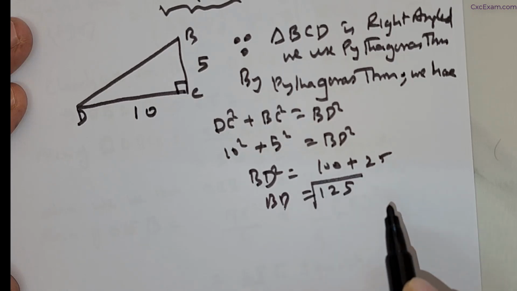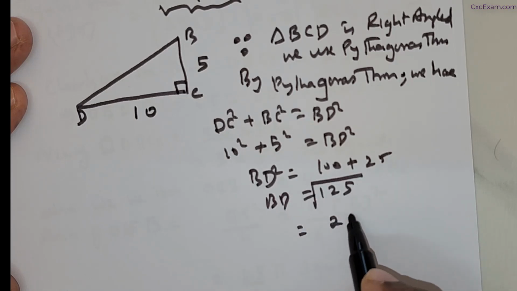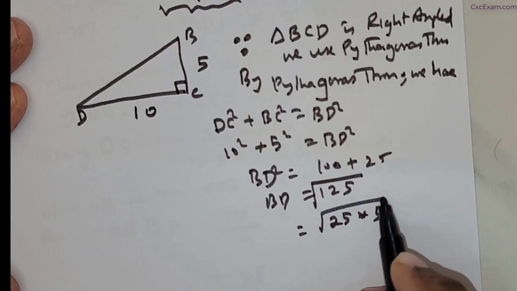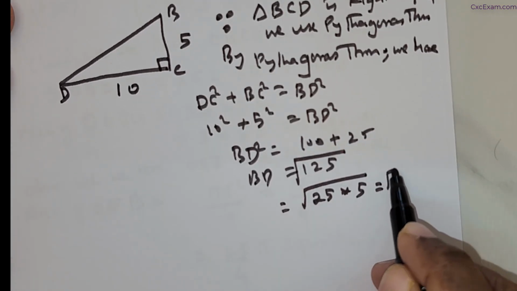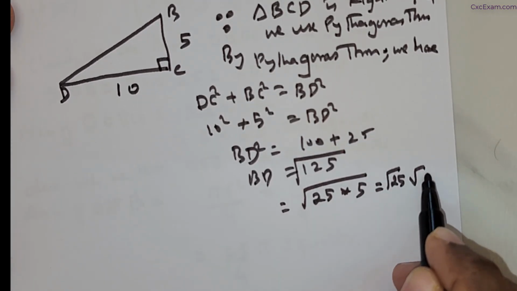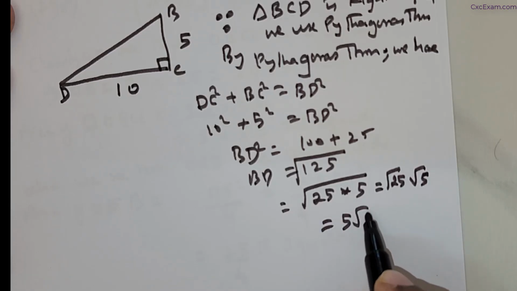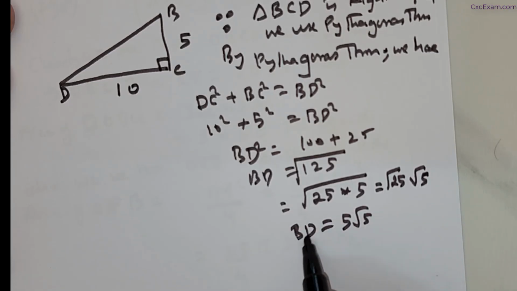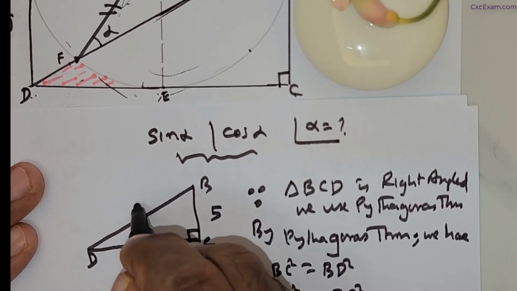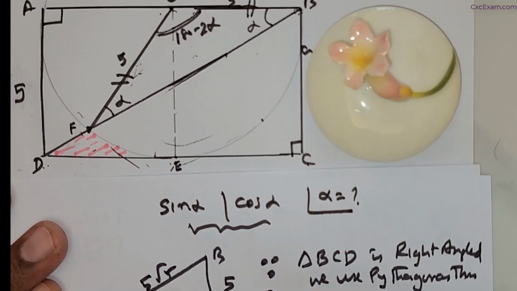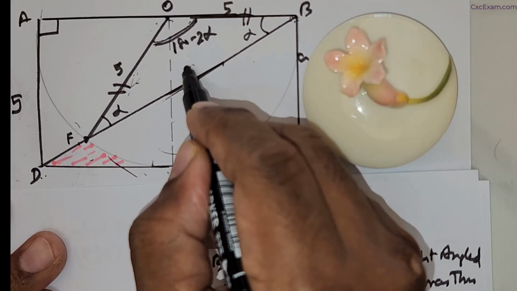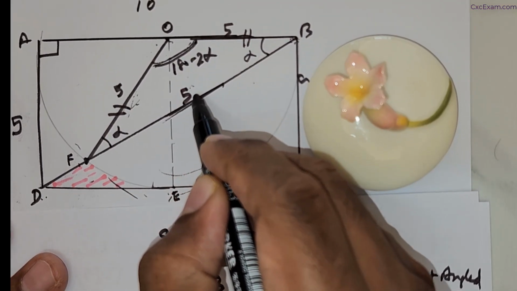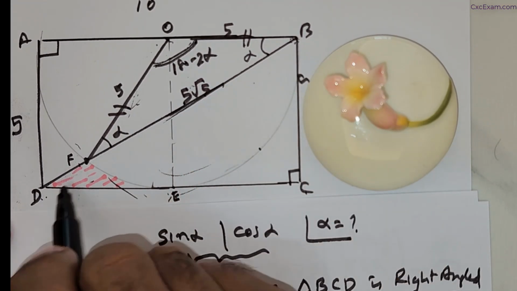So BD is going to be root of 125. Now 25 multiplied with 5 is 125. I can rewrite this as root of 25 times root of 5, which is going to give me 5 times root 5. This is my BD. So this entire length is 5 times root 5.